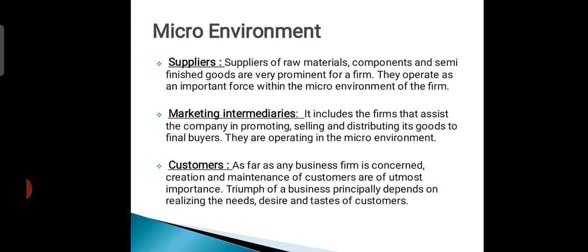That linkage is called marketing intermediaries, and at the same time they are dealing with the promotion, selling and distribution of goods and services to the final consumers. They are operating in the micro environment, and there are various types of marketing intermediaries.